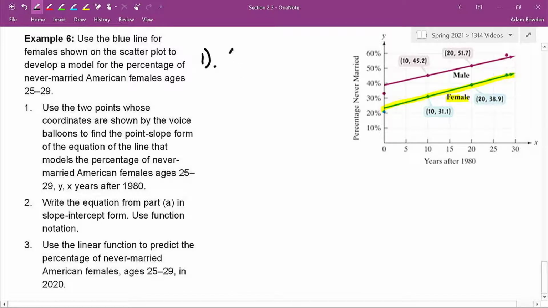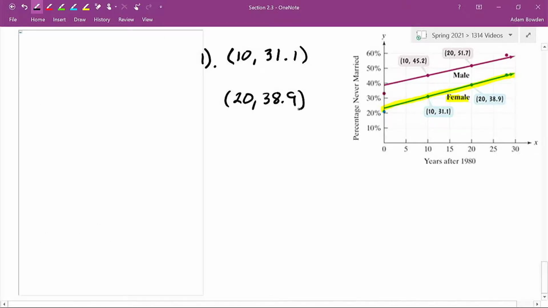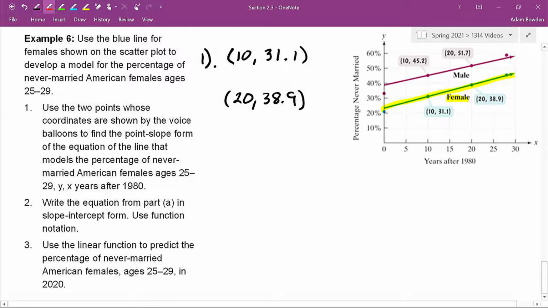The 2 data points we can use are the one that says (10, 31.1) and (20, 38.9). This can be our x1, y1 and our x2, y2. The first thing I'm going to use is the slope formula to calculate the slope of the line passing through these 2 points.